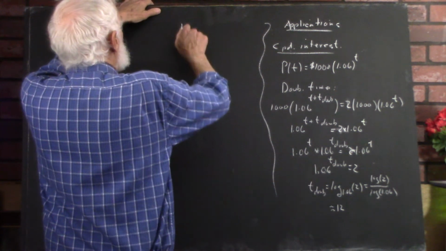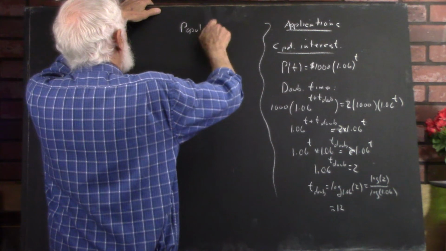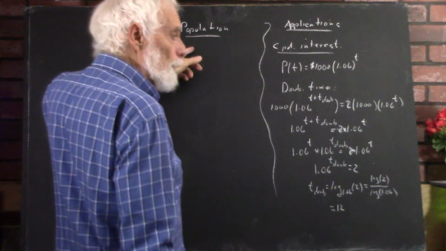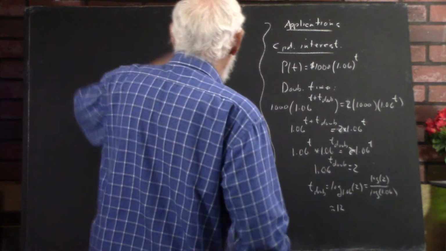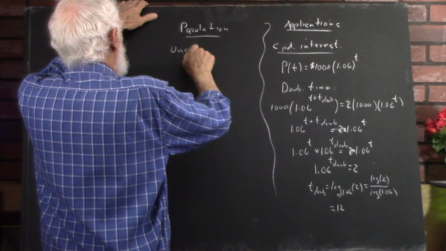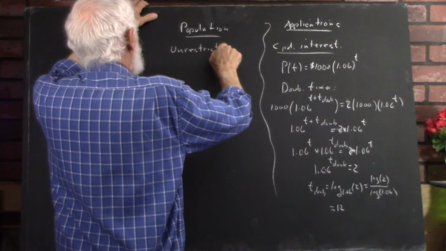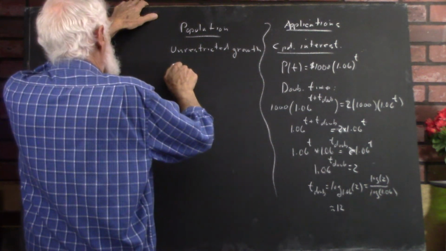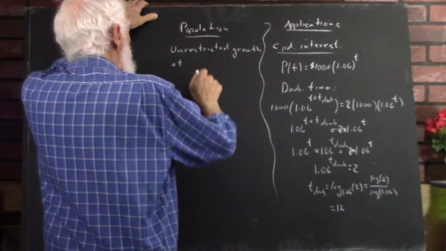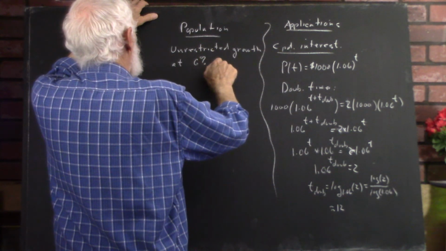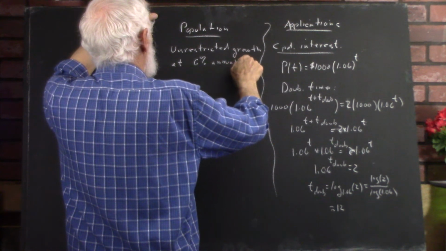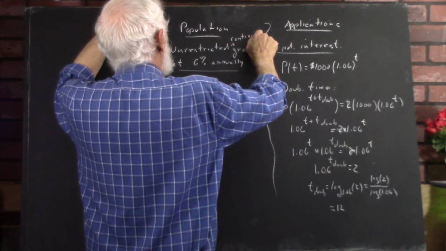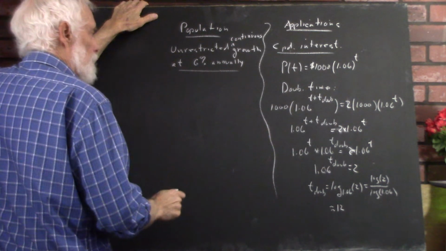Population. Well, population growth models, unrestricted population, unrestricted, and I'll say continuous growth at 6% annually.